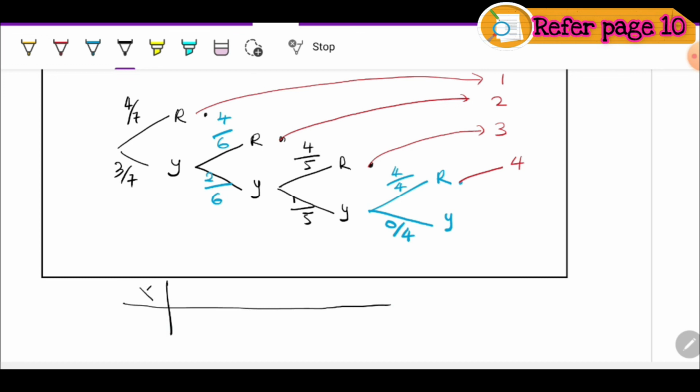For the first row, we write X, which is the number of towels, starting from 1, 2, 3 until 4.